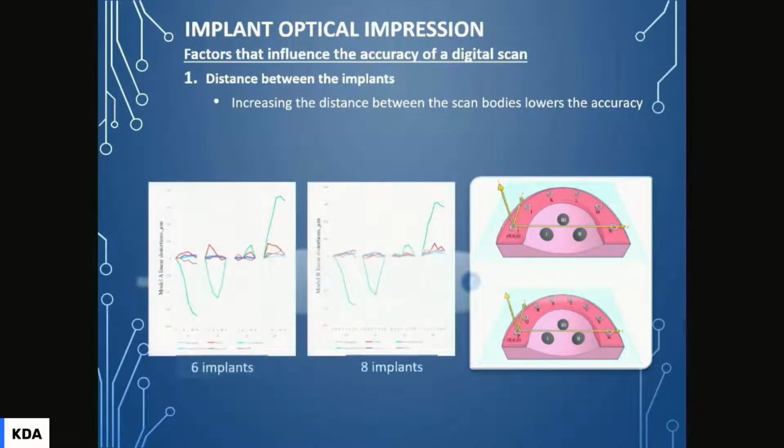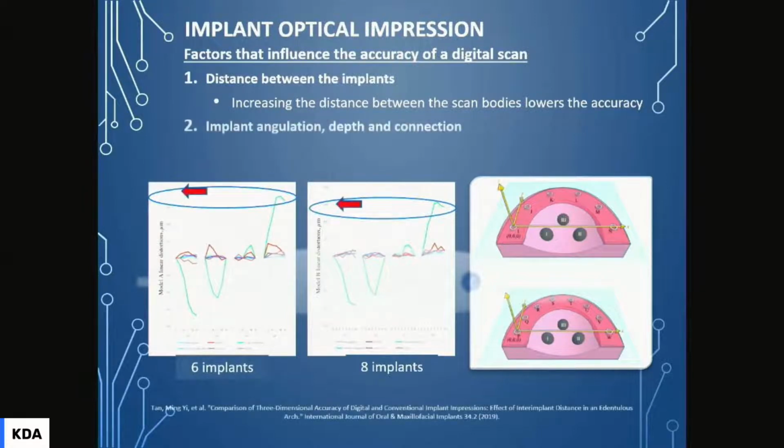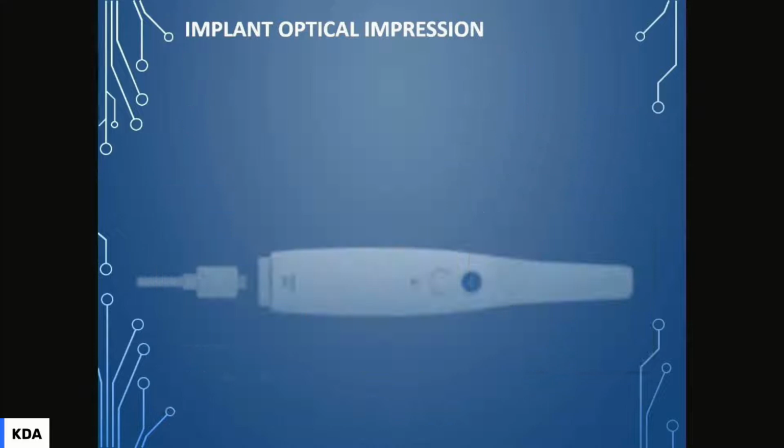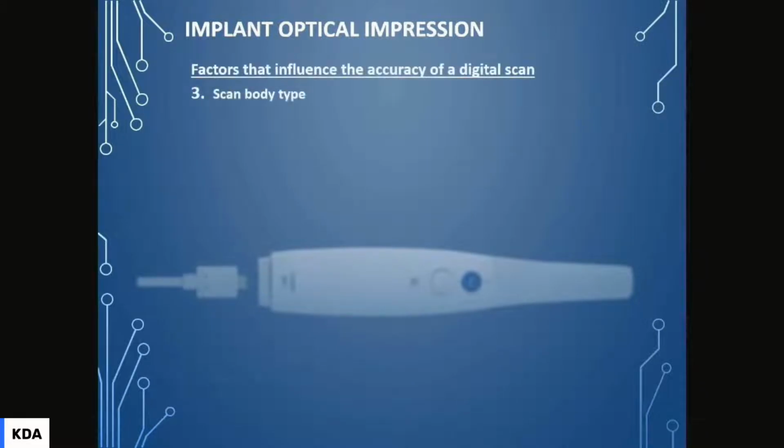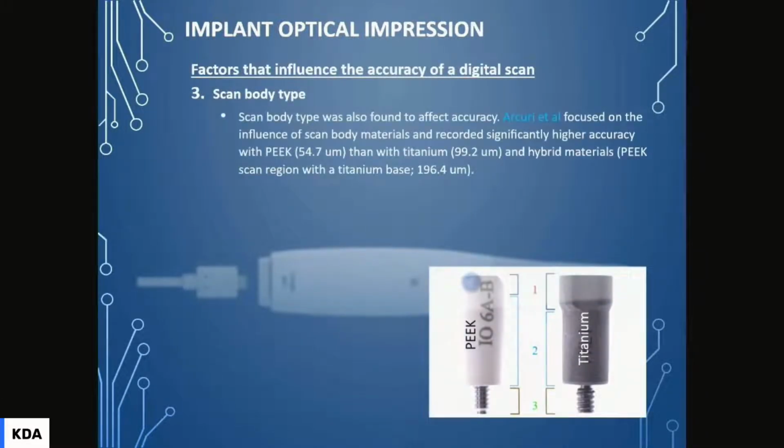And that was shown by evidence. So when you have more distance between implants, you would have more errors in your scan. Other factors: implant angulation, depth, and connection. Are they really relevant? No, they're not that relevant, unfortunately. Other factors: scan body type. We have two different types of scan bodies.